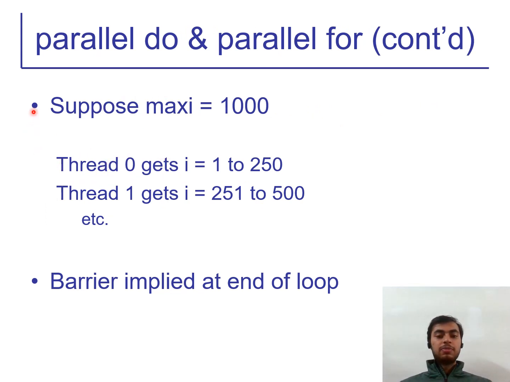This is given as an example. Suppose max I equals 1000. Thread 0 gets I from 1 to 250. Thread 1 gets I from 251 to 500. And further we can extend this to thread 2, that's 501 to 750. The barrier is implied at the end of the loop.